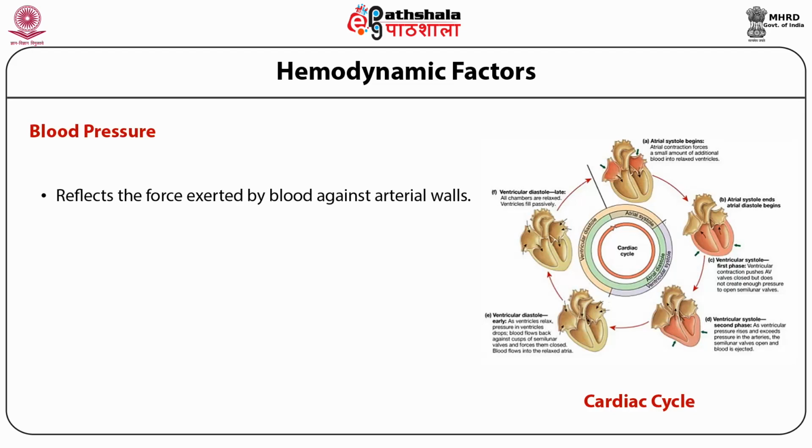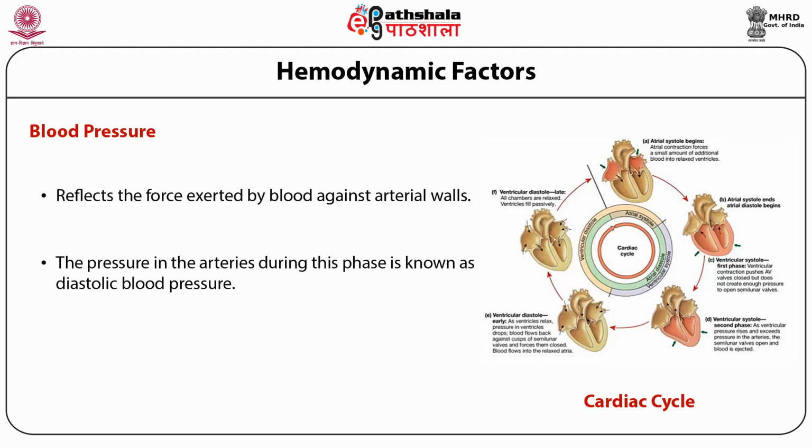Subsequently, during the relaxation phase, that is the diastolic phase, the natural elastic recoil of the aorta wall propagates the pressure as a wave through the entire arterial system until the next surge from ventricular systole. The pressure in the arteries during this relaxation phase is known as the diastolic blood pressure.